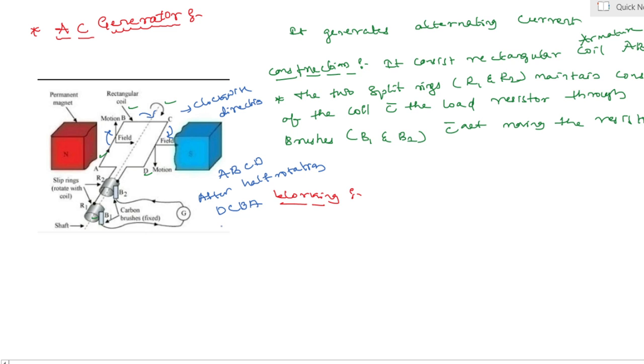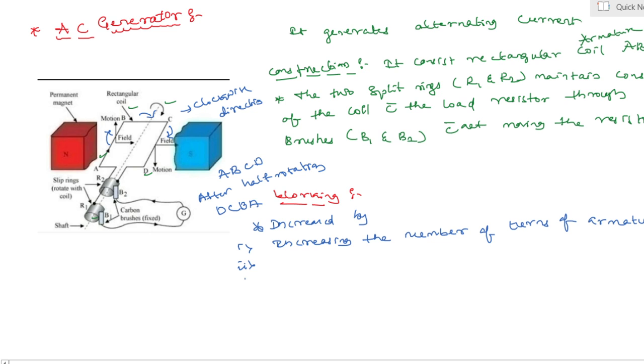Yes, my dear students, what is increased here? First one, increasing the number of turns of armature.